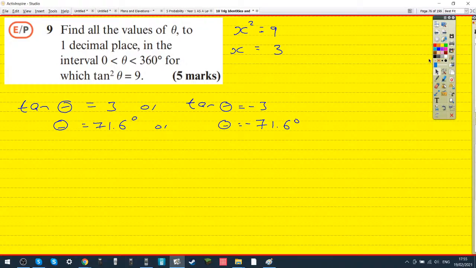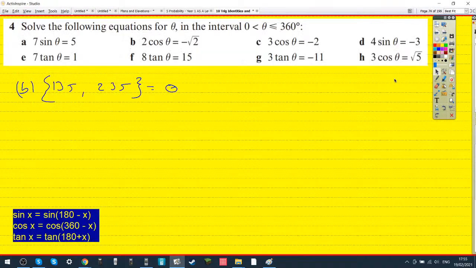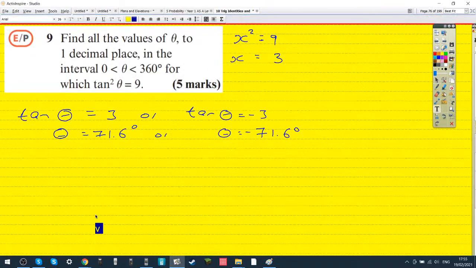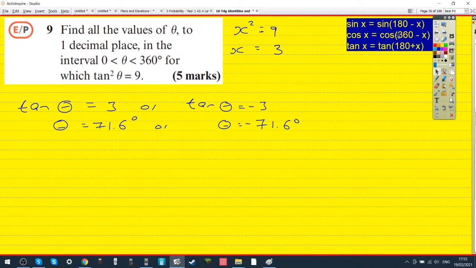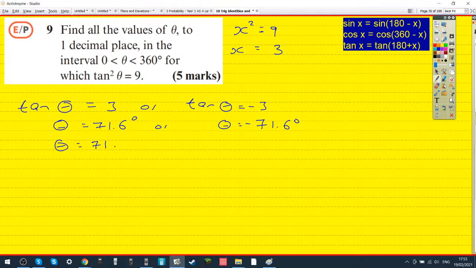That's not the rule for tan. 180 plus. Yep, 180 plus. 251.6 degrees. And 108.4.